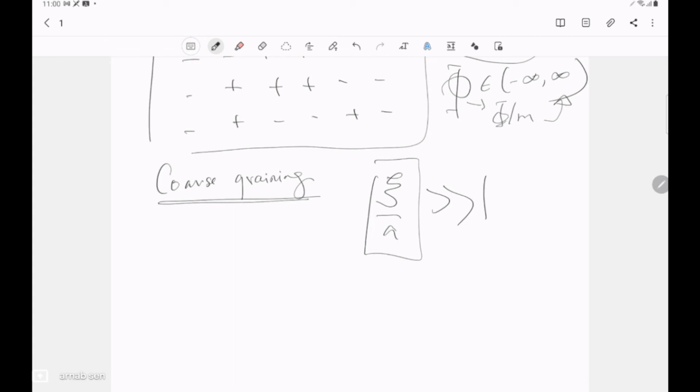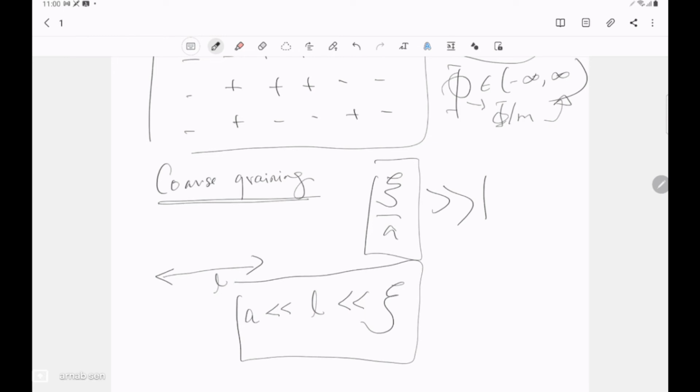Now, we'll do some coarse graining on some length scale L, where L would satisfy this property. This L is much, much larger than the lattice unit of your theory, but it's reasonably small compared to the correlation length. Why do I want it to be reasonably small compared to the correlation length?